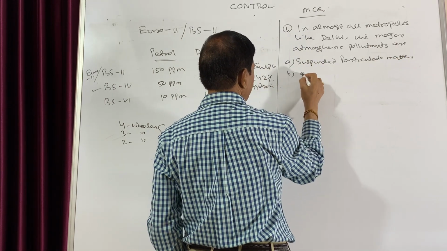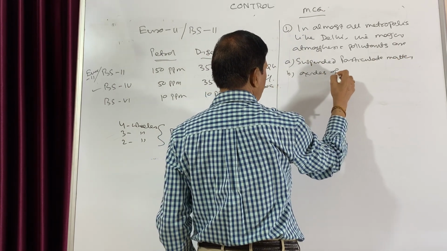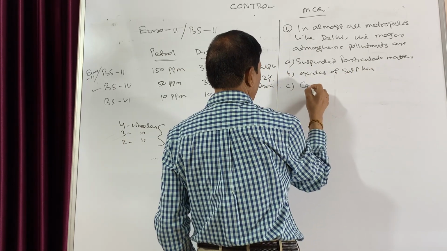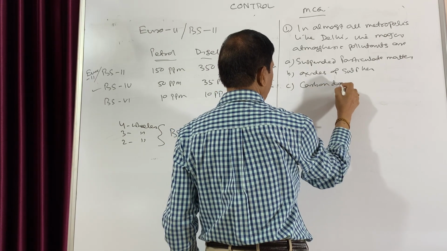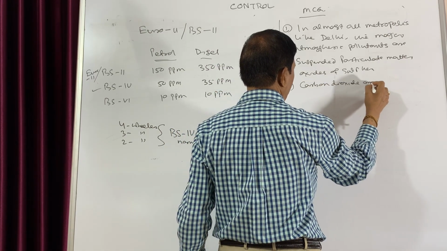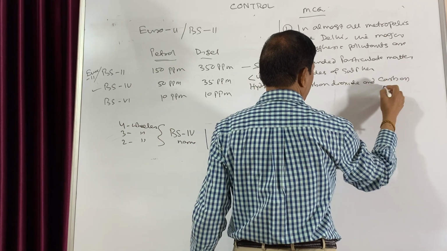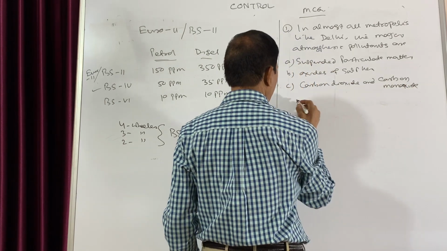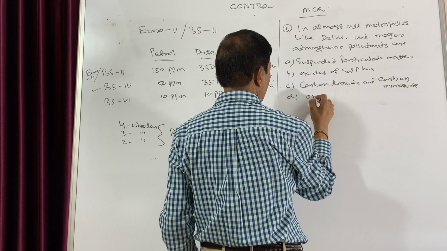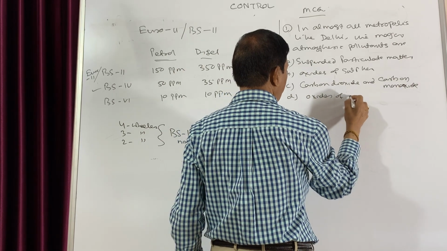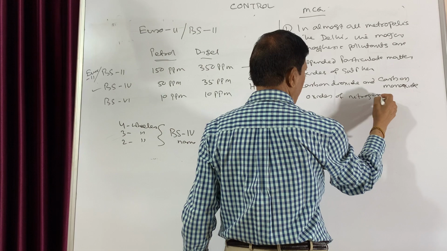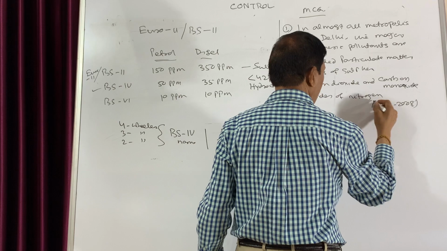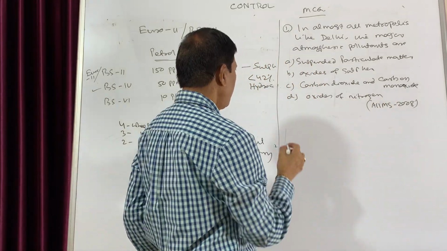The second choice, oxides of sulfur. Third choice, carbon dioxide and carbon monoxide. And the fourth choice is oxides of nitrogen. And this question was asked in AIIMS 2008.